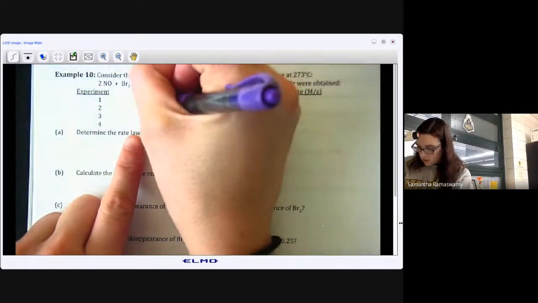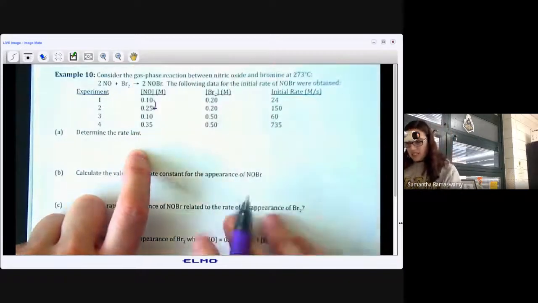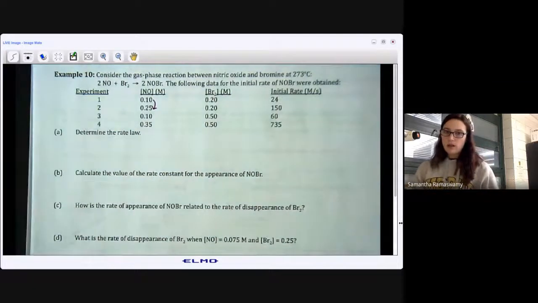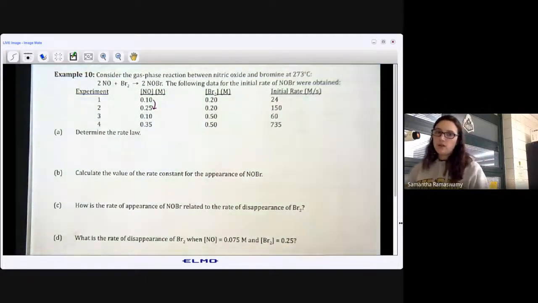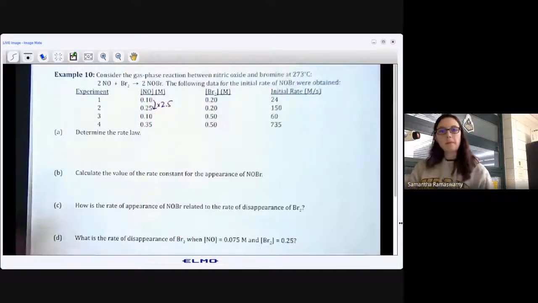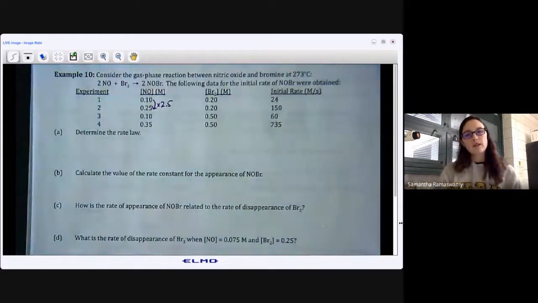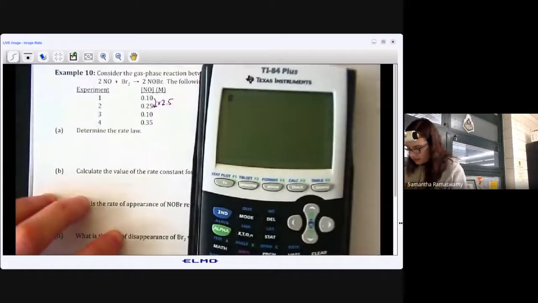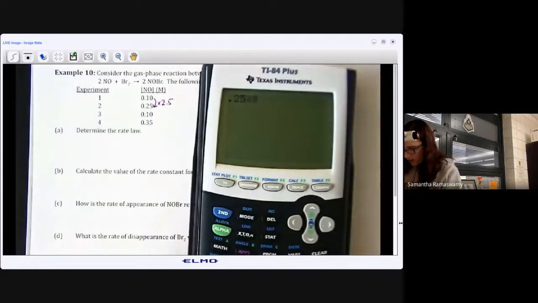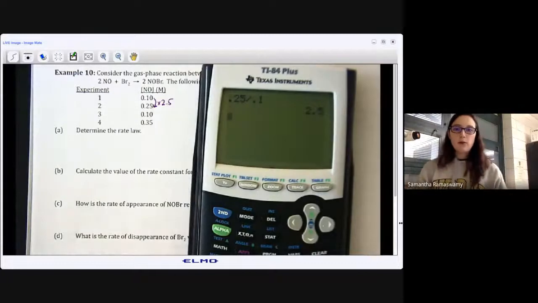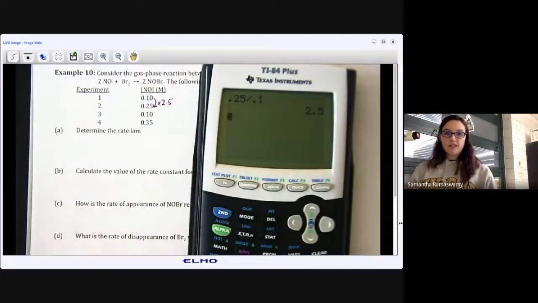So I see from experiment 1 to experiment 2, the concentration of NO increases 2.5 times. Again, if you're wondering how I know that, just do this: 0.25 divided by 0.1 is 2.5. So if I do 0.1 times 2.5, I get 0.25.